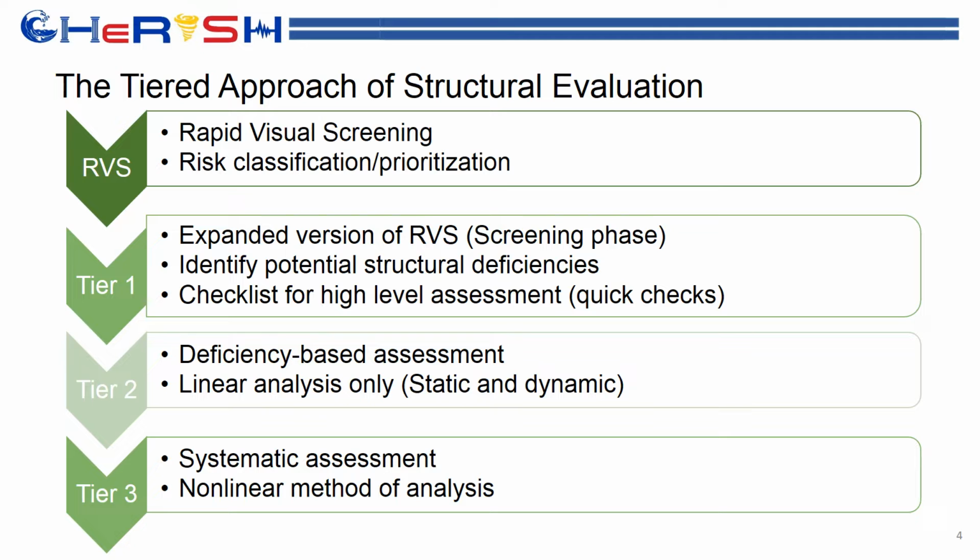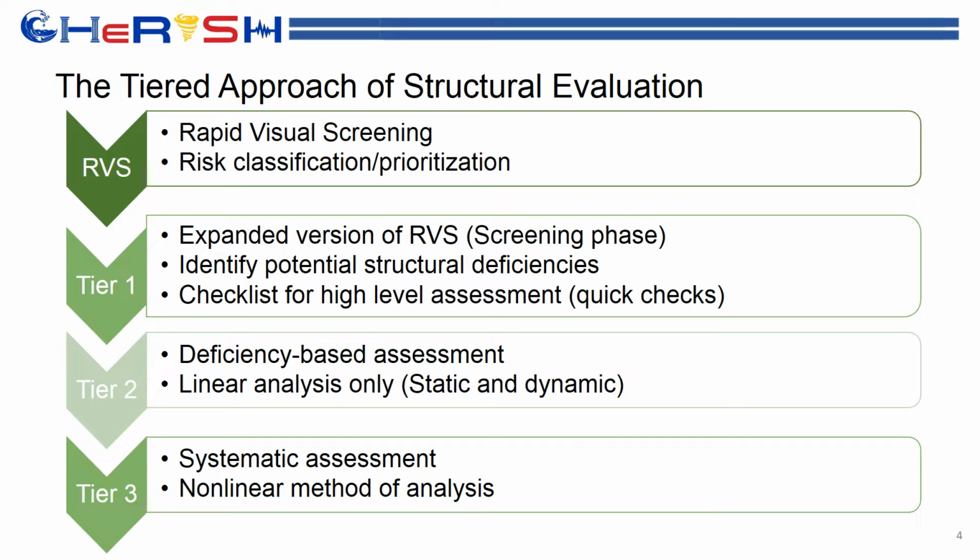And the Tier 3 assessment is more systematic in a way that it's not just focused on the elements that were considered deficient based on a Tier 1 analysis, but it models the behavior of all the structural elements and utilizes state-of-the-art modeling techniques such as nonlinear methods in order to accurately determine which members need retrofitting or strengthening. And that is the purpose of a Tier 3 analysis.